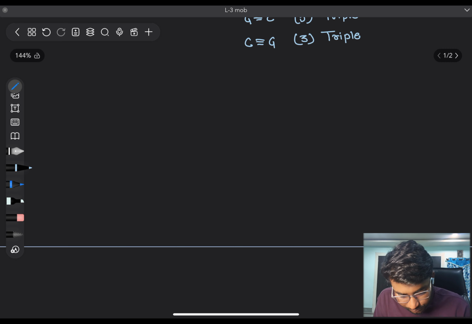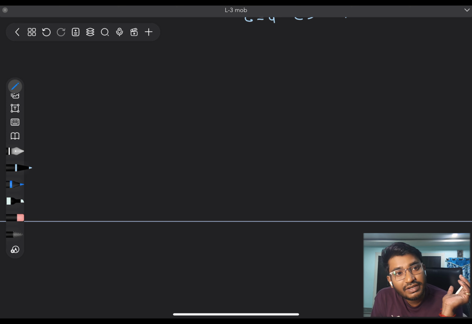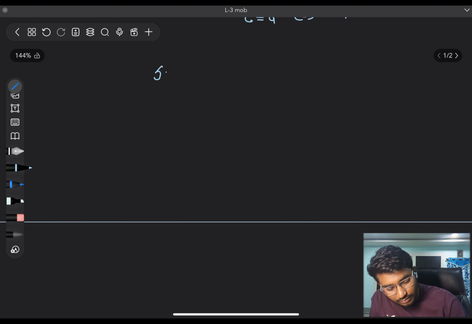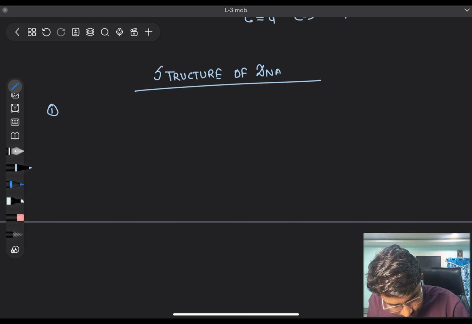Okay, now come to the next important part, structure of DNA. So who has done the X-ray structure?